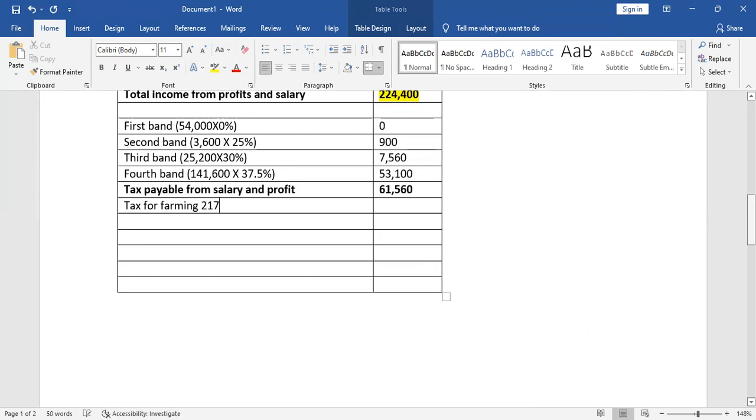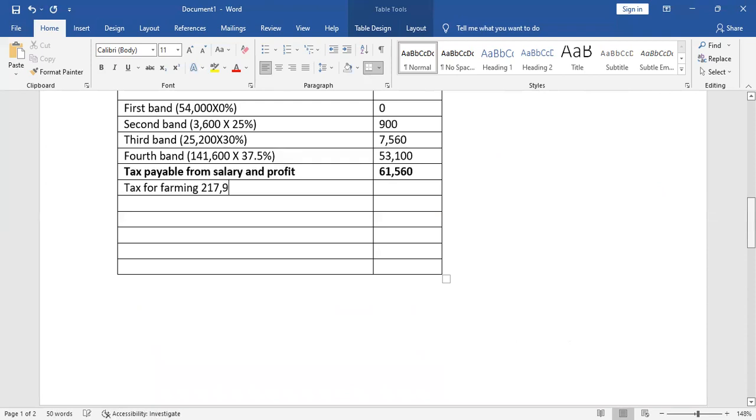217,900 multiplied by 10% is 21,790. So the total tax payable by Muya is now 61,560 coming from salary and the profit, and then 21,790 from farming.